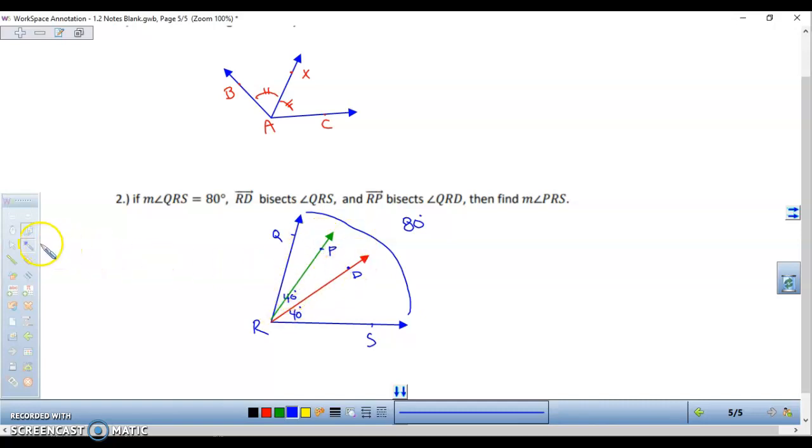Well, if this angle is 40 and it's getting bisected, then each of these little parts are 20 degrees. So the question asks, find the measure of angle PRS. Well, here's P, here's R, here's S, and from here to here, angle PRS is 20 degrees and 40 degrees, which adds up to 60. So the measure of angle PRS is 60 degrees.